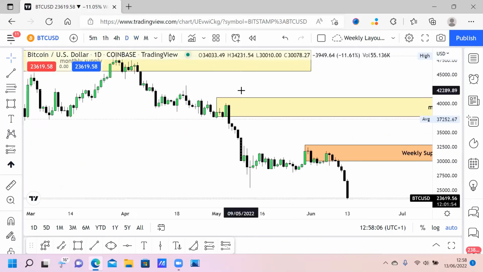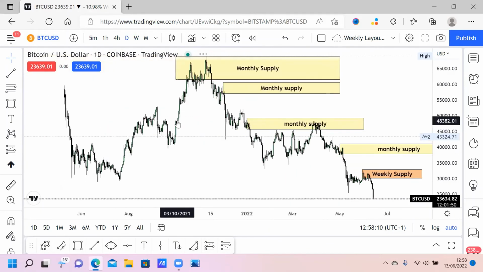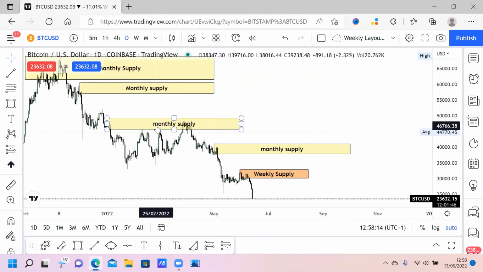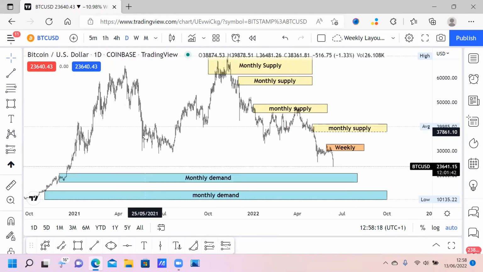We go down to daily, and let's look at what's really been happening here. On the weekly supply, you're seeing that price itself is starting to head towards this demand zone. When we are trying to forecast the price, we're looking from demand zones to supply zones and vice versa.